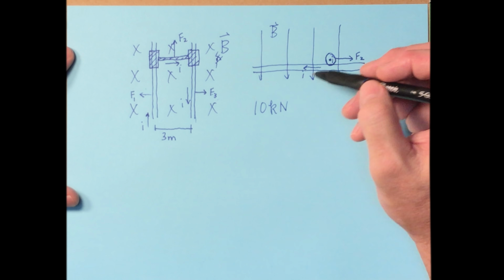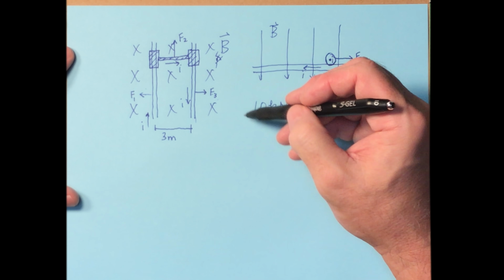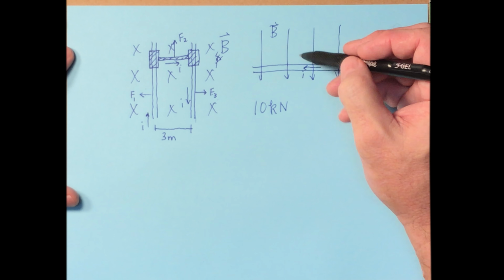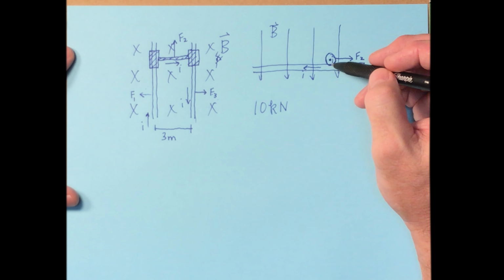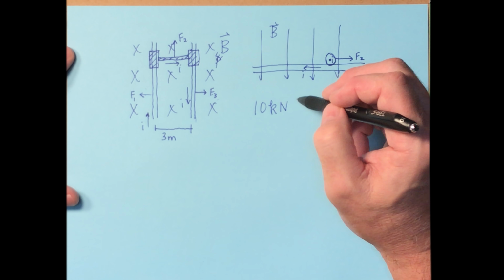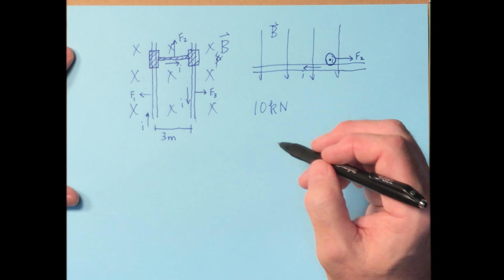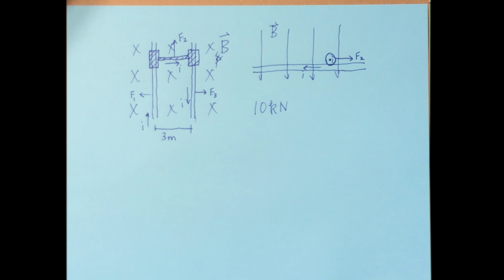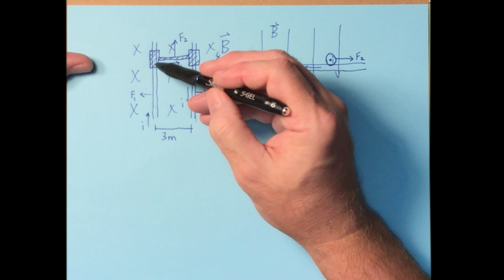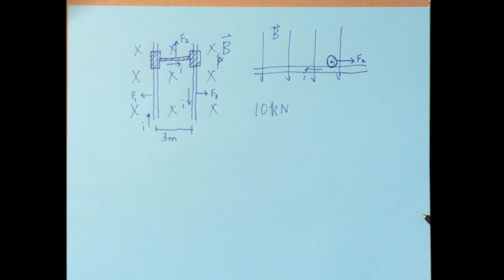Now that would not be the mass of a train, so this would be like a small train. So 10 kilonewtons is the force necessary to move this thing. We've got the direction of the current here. We just need the magnitude of the current.